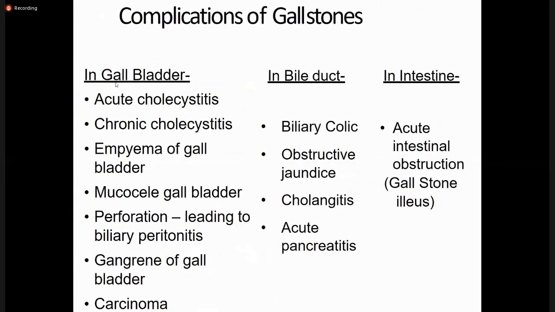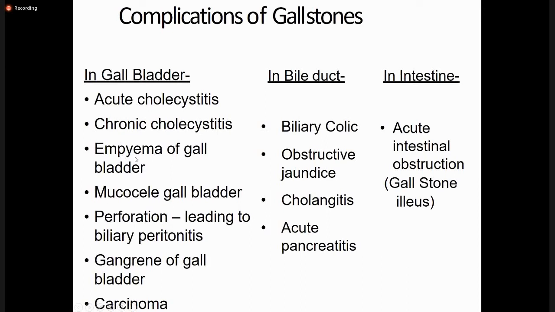So, if we come across the complications region-wise, in the gallbladder the complications may be acute cholecystitis, chronic cholecystitis, empyema of the gallbladder, and mucocele, as I told you earlier. If the distended gallbladder contains just mucus secretion, it is known as a mucocele, and when it gets infected, it may form an abscess-like bag, and it is known as an empyema.